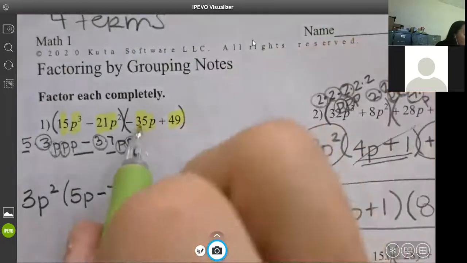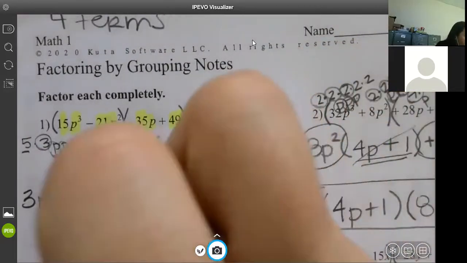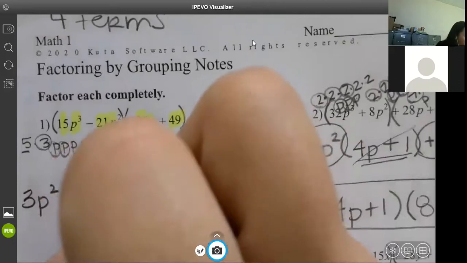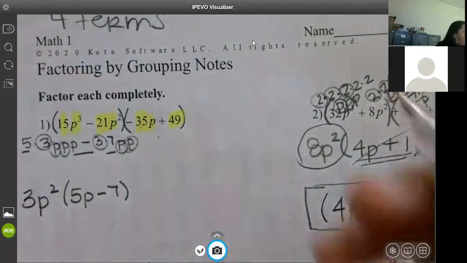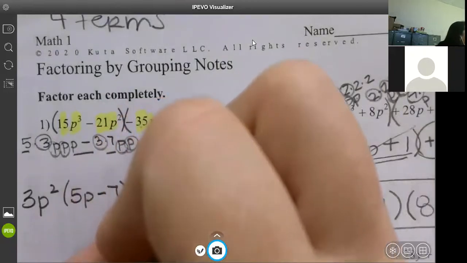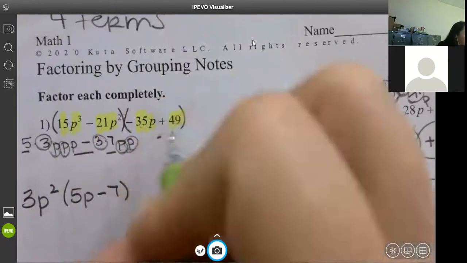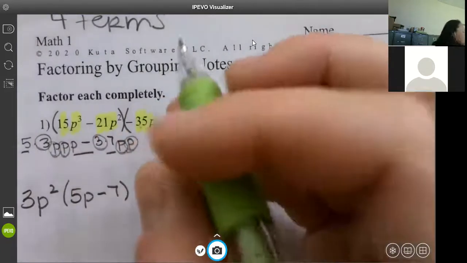All right, your next one. How do I factor negative 35p? How do I factor negative 35? How can I take care of that negative though? Negative what? Negative 1 first and then do 7 times 5.